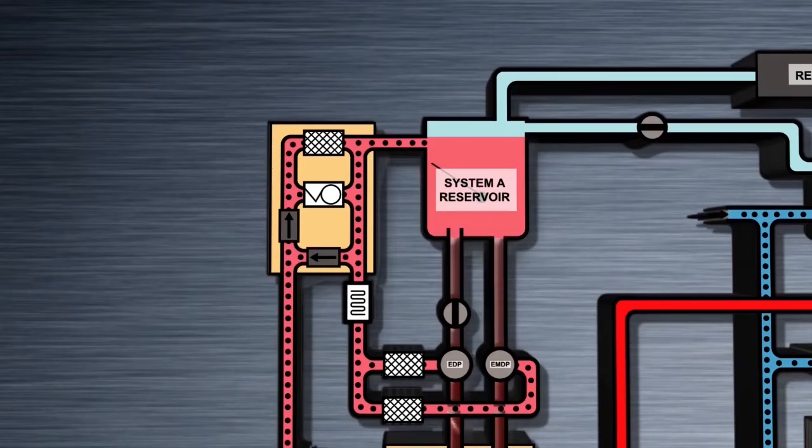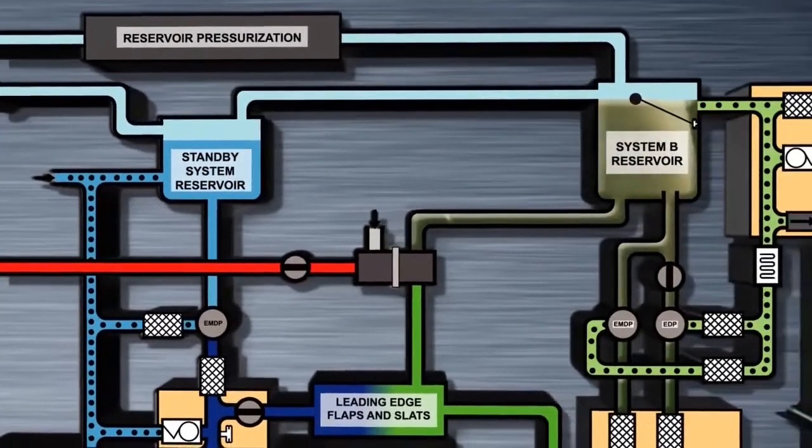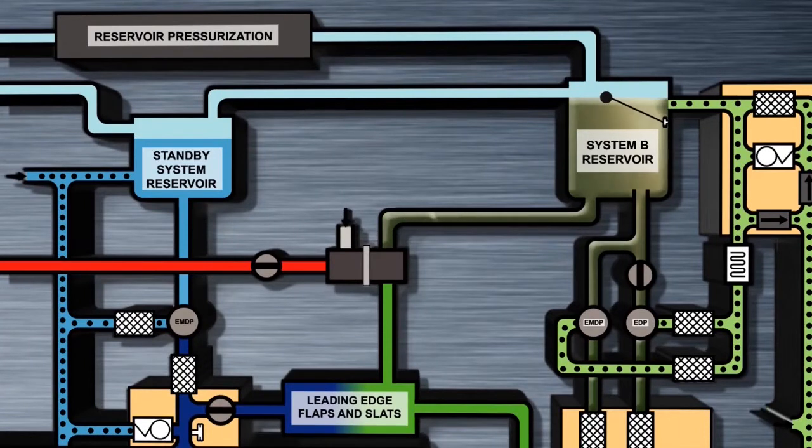If a leak develops in the electric pump or its related lines, the entire reservoir will drain and the fluid quantity will read 0%. The system B reservoir standpipe feeds the engine-driven pump and the electric pump. The port at the bottom of the reservoir feeds the power transfer unit. If a leak develops in either of the two pumps or their related lines, the reservoir will drain to the top of the standpipe. Because both pumps are fed by the same standpipe, this will result in System B pressure being lost.